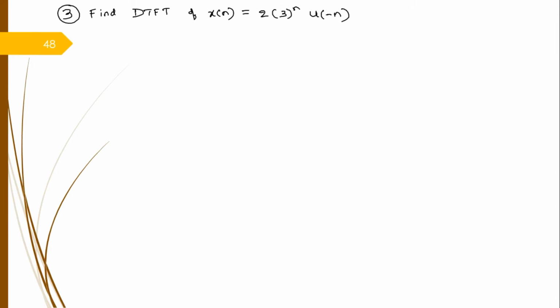So we will proceed with the next problem, that is, find the DTFT of x of n equal to 2 into 3 raised to n u of minus n. So concentrate here. First you need to write the standard form. The standard form is X of e raised to j omega equal to summation n equal to minus infinity to plus infinity x of n e raised to minus j omega n.